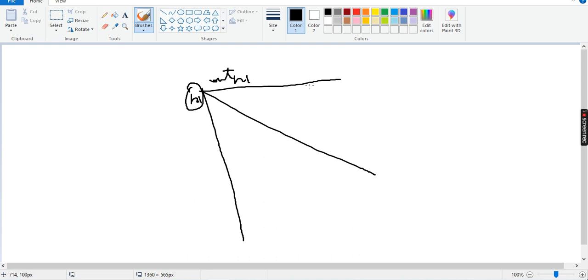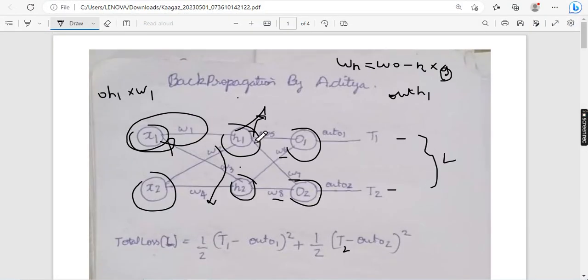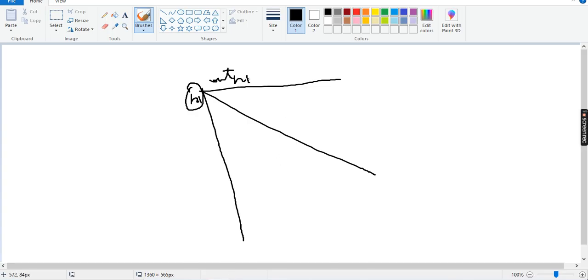But if you look at the diagram which I explained, this output of h1 is propagated in 2 directions. Here I am saying it is propagated in 3 directions. So if this output of h1 is propagated in 3 directions, will our equation change? This is the question I want to ask you. Will our entire equation change?